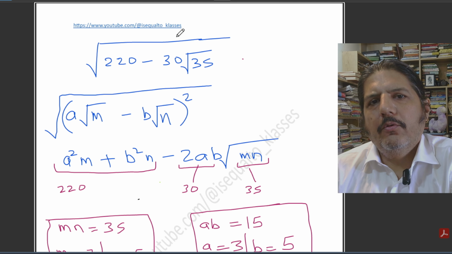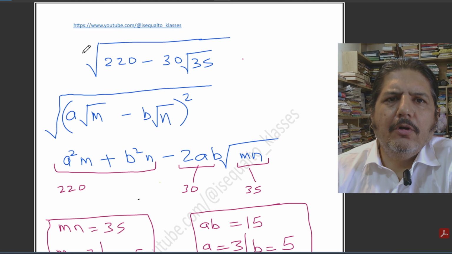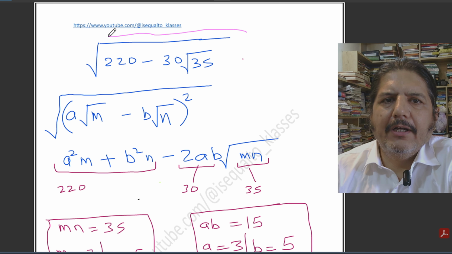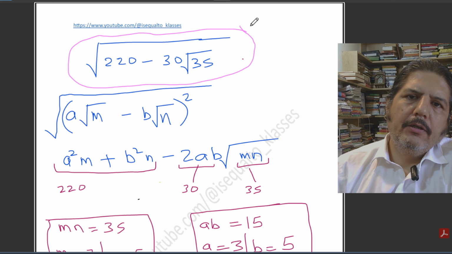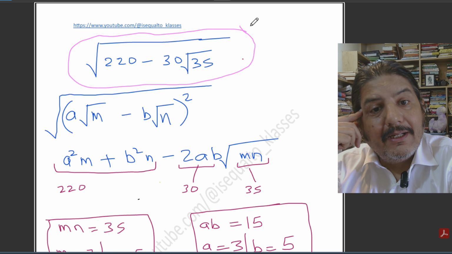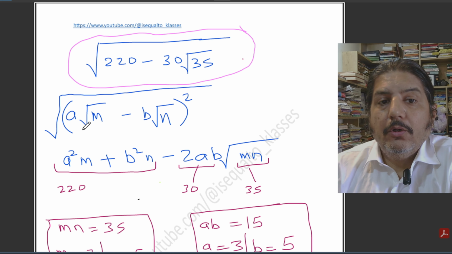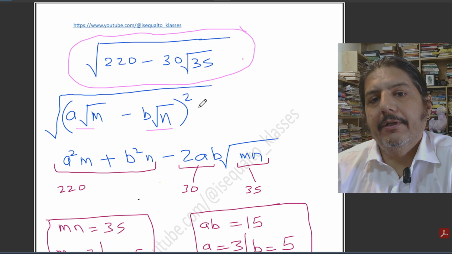The second question is a bit more complicated, not as simple as the first question we have done. So now what we have is root of 220 minus 30 root 35. So now this would be written as a root m minus b root n whole square. This is how it will be written.